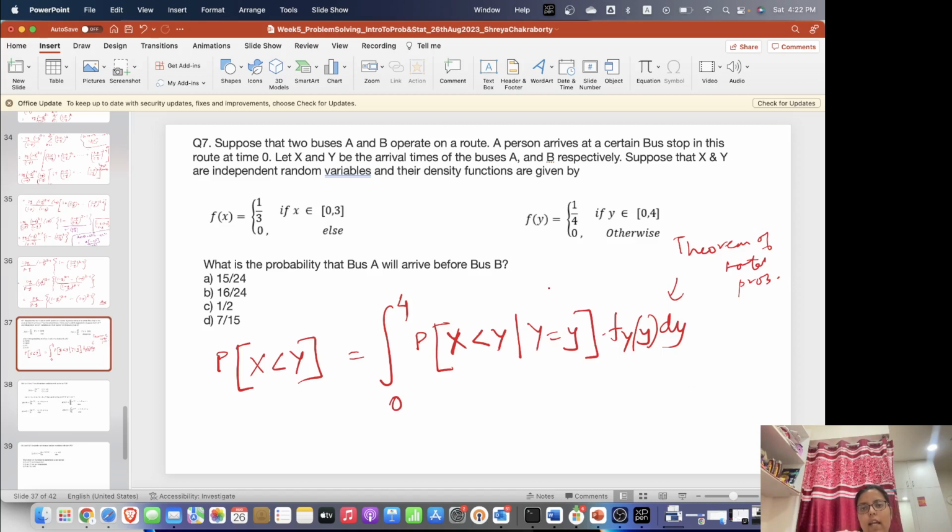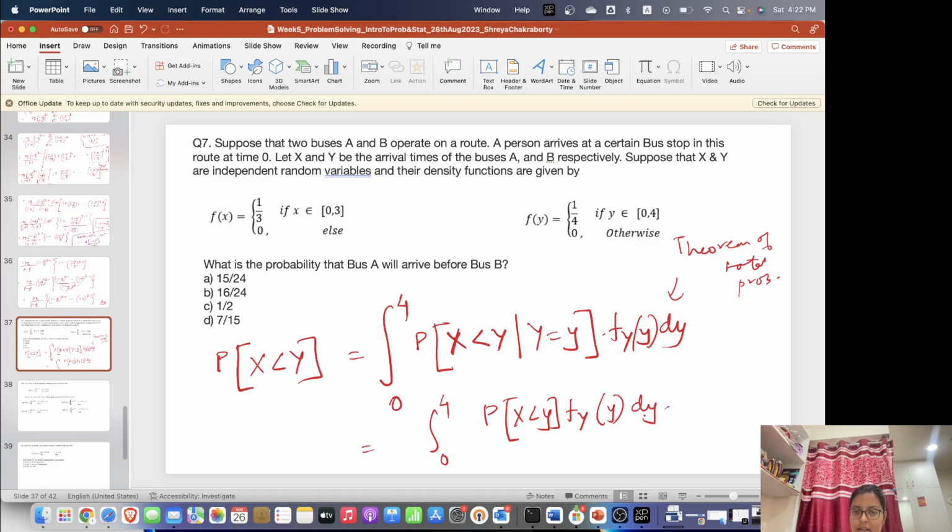Okay. Now since x and y are independent, we can write this as the integral from 0 to 4 of the probability x less than y, intersection probability. So x given y is equal to x when x and y are independent.